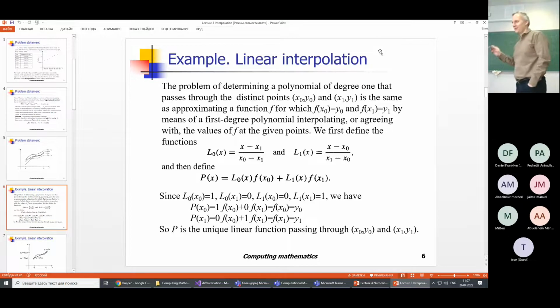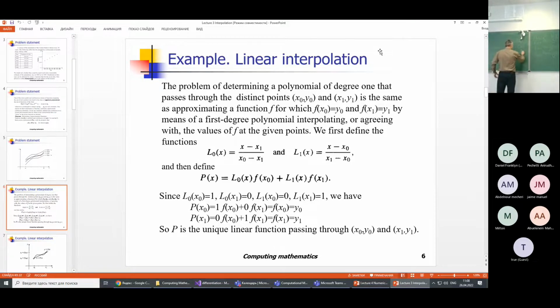And the last point: if we denote the difference between x1 and x0 as h, usually h is the usual notation for the distance between points, the step, the distance between 2 points. x1 minus x0 will be h, and x0 minus x1 will be minus h.